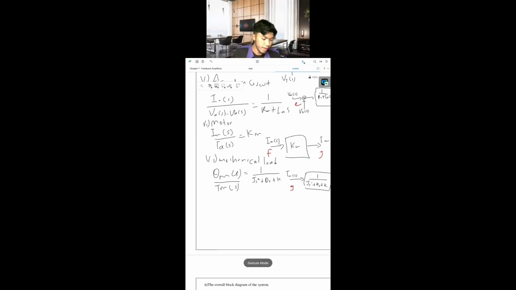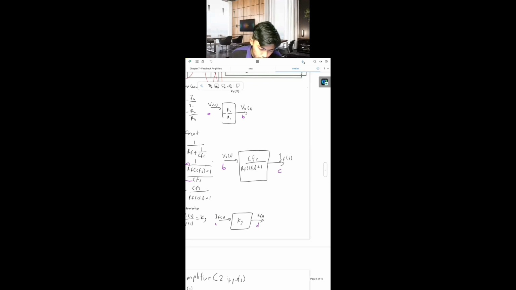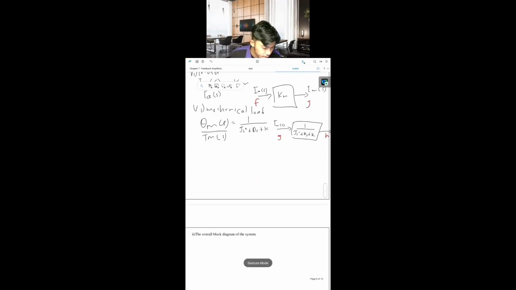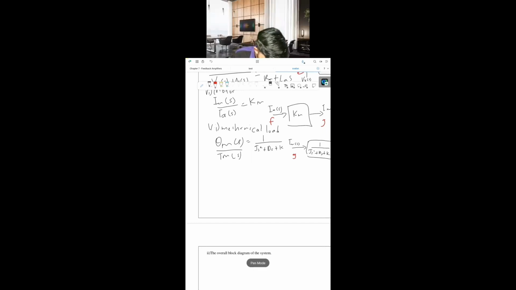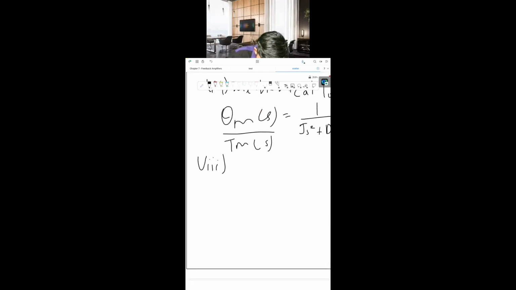Now we're going to continue with the feedback. The first feedback that I'm going to write down is the tachometer feedback.